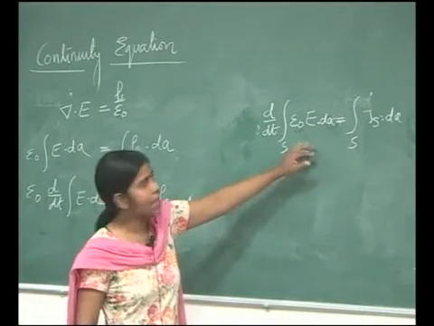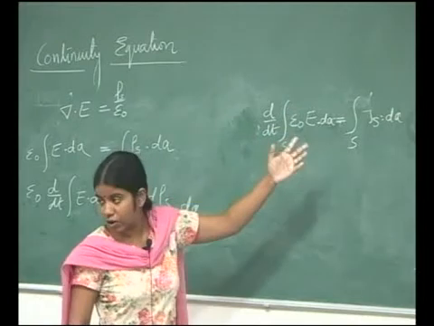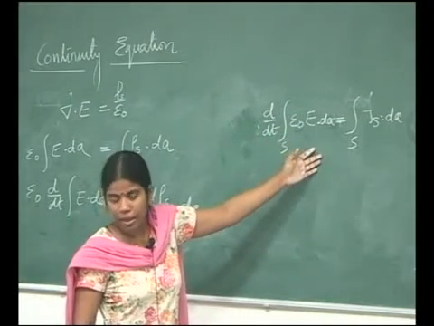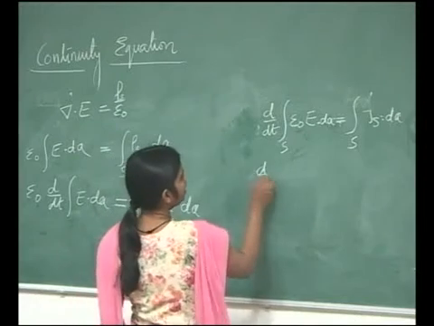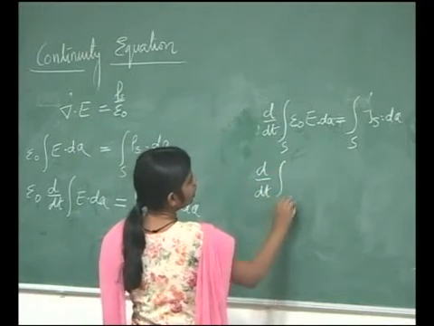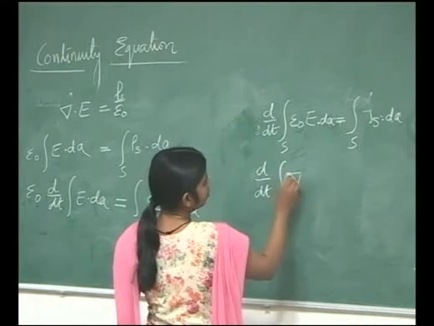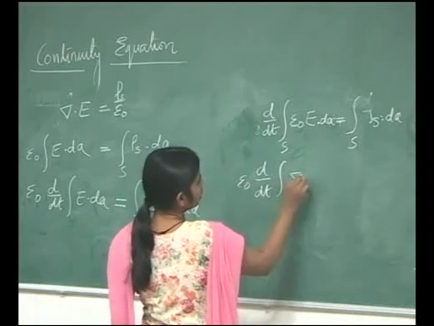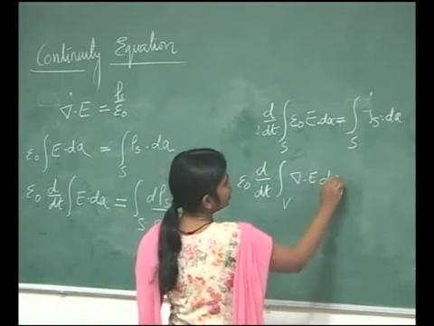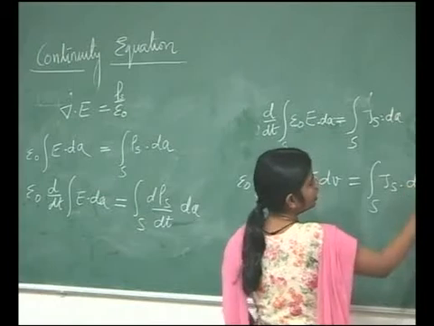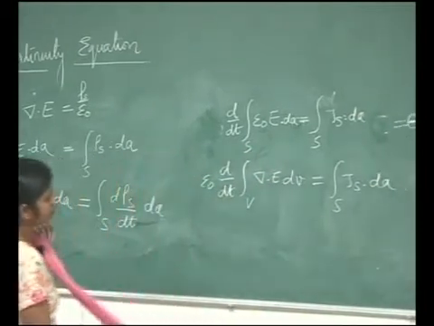Okay. And I can simply replace the whole stuff by rho. So, I can write here d by dt integral over V del, I take the epsilon naught outside, del dot E dV is equal to integral over S Js dot dA.